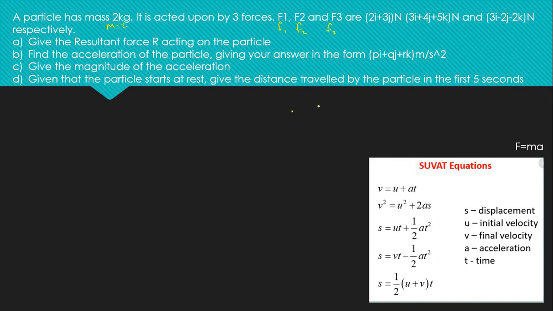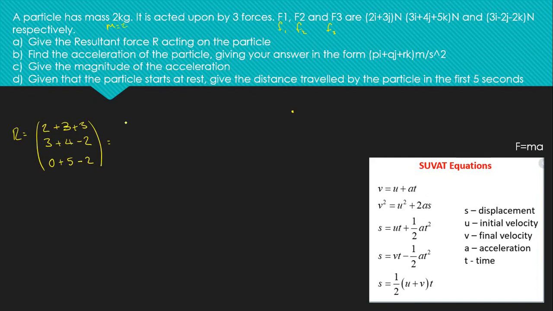Now, what you can imagine is that there's some particle being pulled and pulled and pulled in a particular way. And you should know from mechanics that to get a resultant force, you can just add these bits up. So R is going to equal, using column vectors because it's easier, 2i plus 3i plus 3i, 3j plus 4j take away 2j, and 0k plus 5k minus 2k.